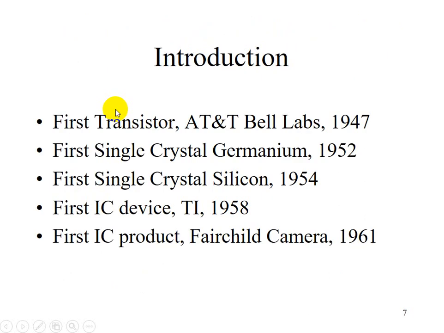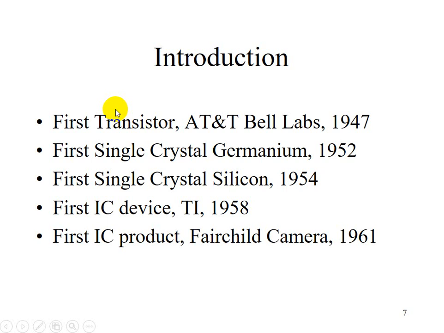And next, the transistor made using single crystal germanium was invented in 1952.